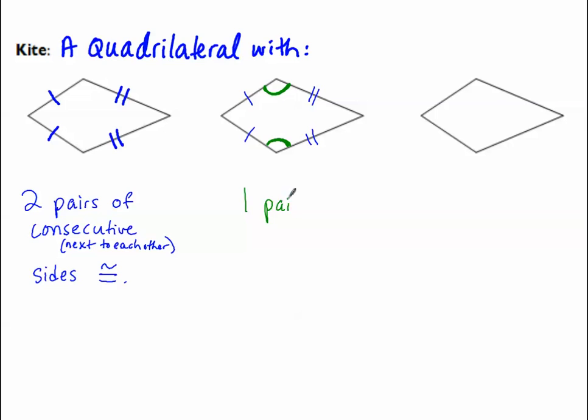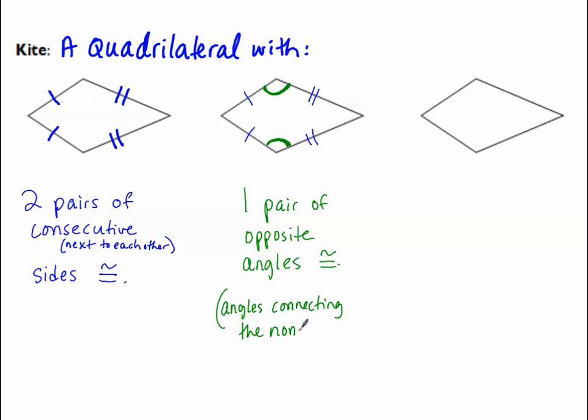One pair of opposite angles is congruent. And again, you may want to make a note that these are the angles connecting the non-congruent sides.